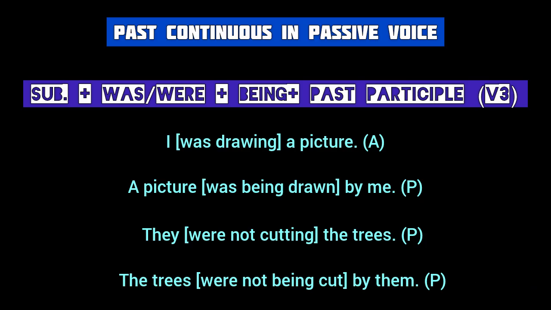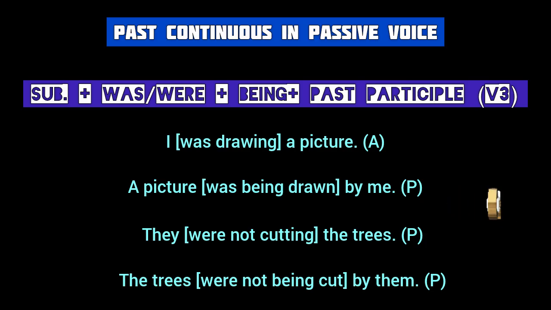But in the following sentence, a picture was being drawn by me. The verb was being drawn is in the past continuous tense in passive voice. Was plus being plus the past participle of the principal verb indicates this. And we also see that the subject of the sentence, a picture, isn't doing anything here but receiving the impact of the action of drawing. They were not cutting the trees.